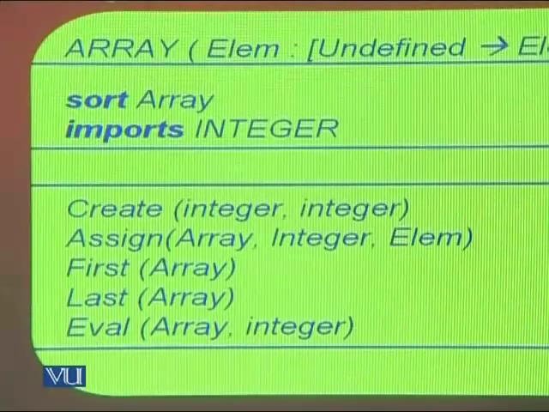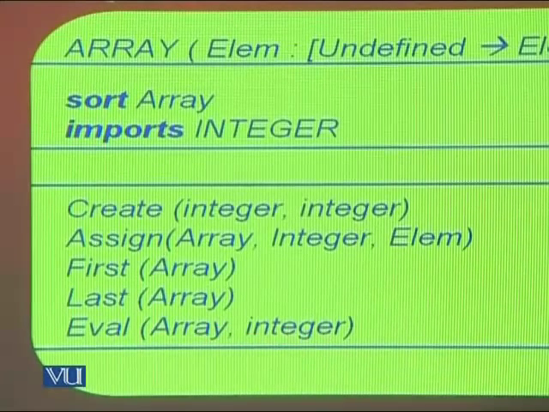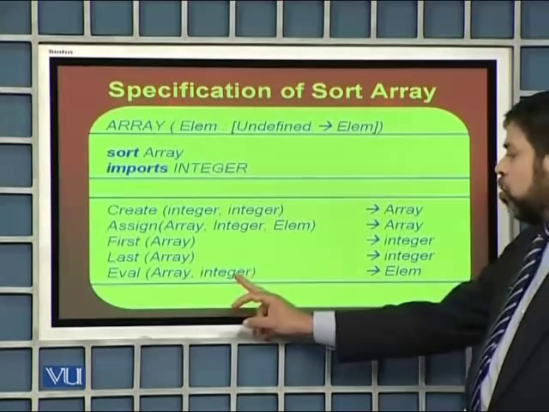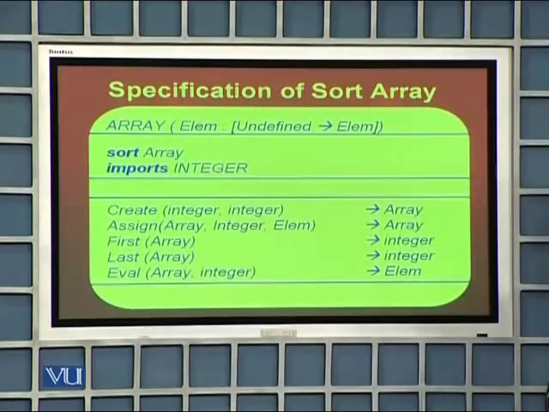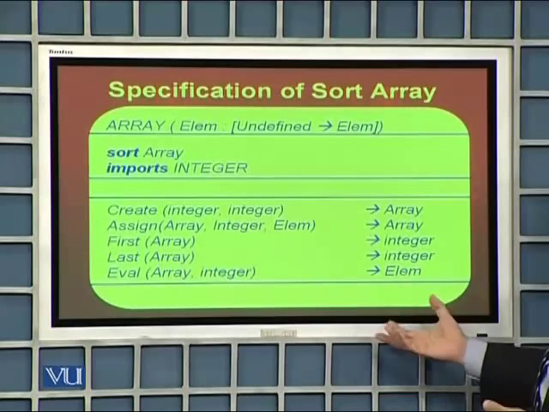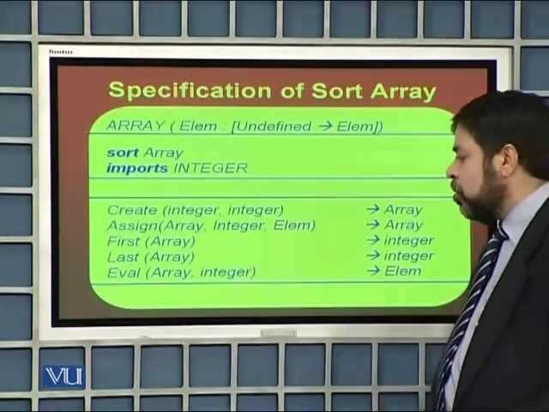And this function eval, it takes 2 parameters, array and an integer, and what it does is it gives me the element stored at this index in this array. So it gives me the element that has been stored there.